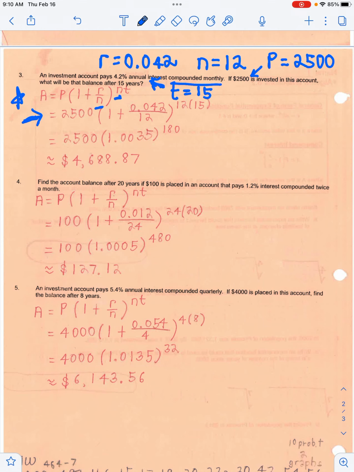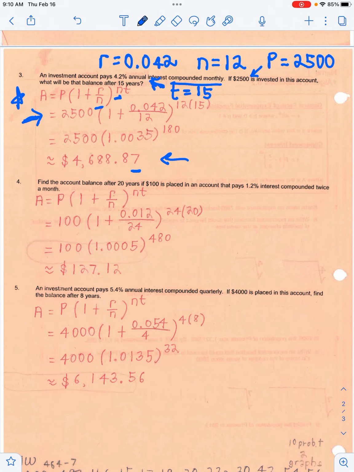So you need to check your calculator out to see what works, but this is definitely the answer. So try it on your calculator and see, do you get $4,688.87? We always round to the nearest hundredth, the nearest cent.